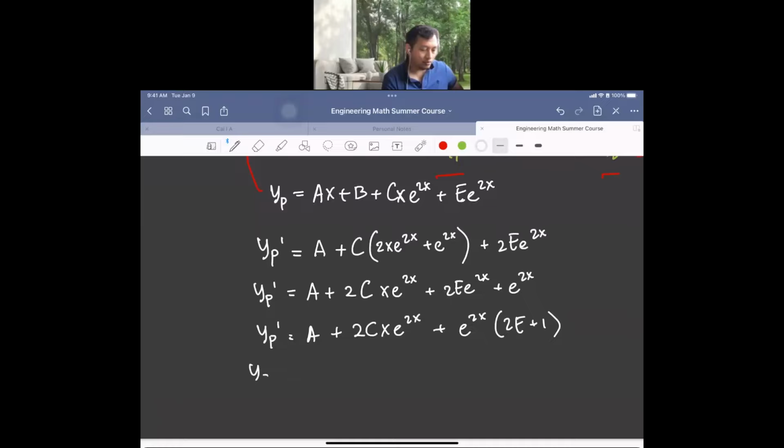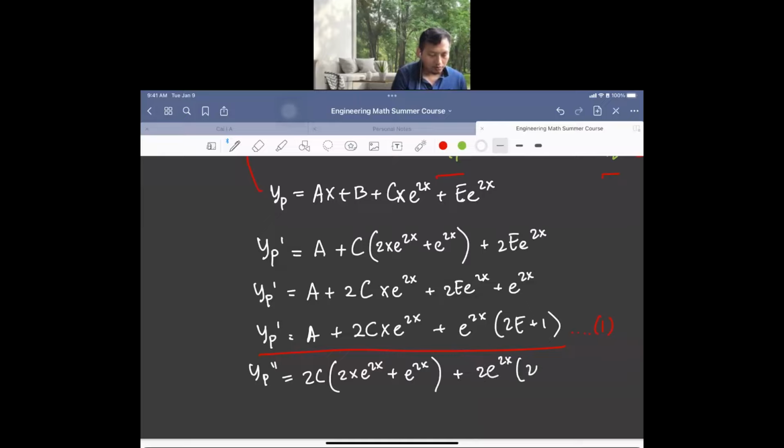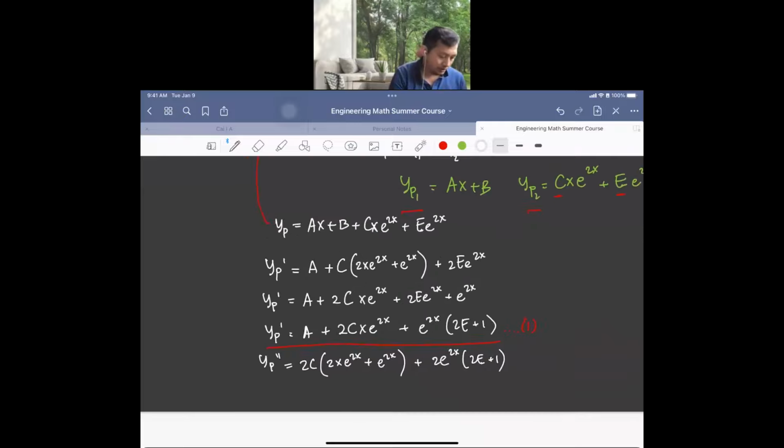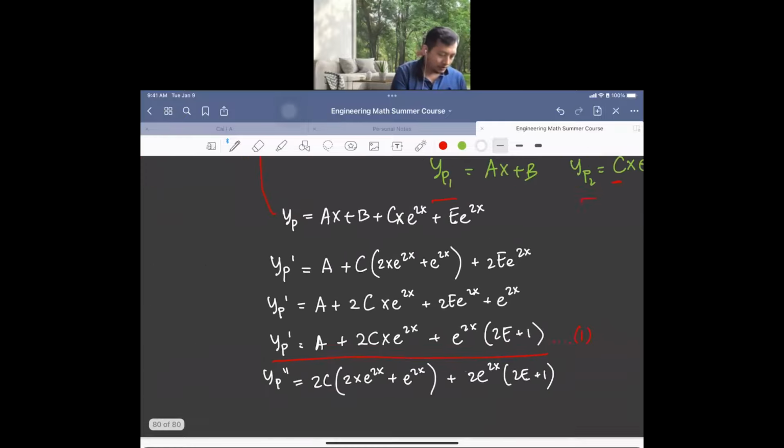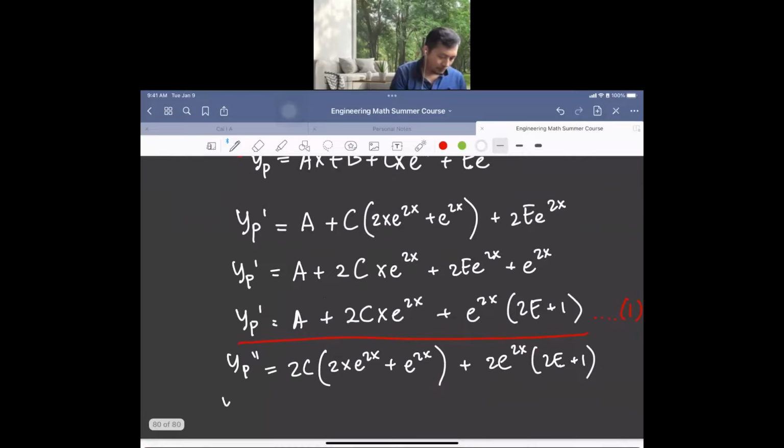Now yp double prime. Let me write this as the first equation. For the second equation, you differentiate one more time to see this x e to the 2x getting the same, 2x e to the 2x plus e to the 2x plus 2e to the 2x, 2e plus 1. Now we can rearrange this.